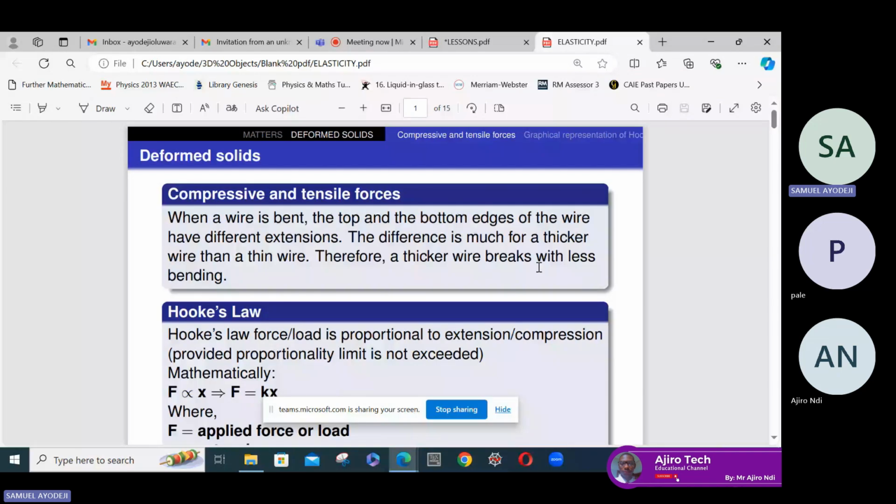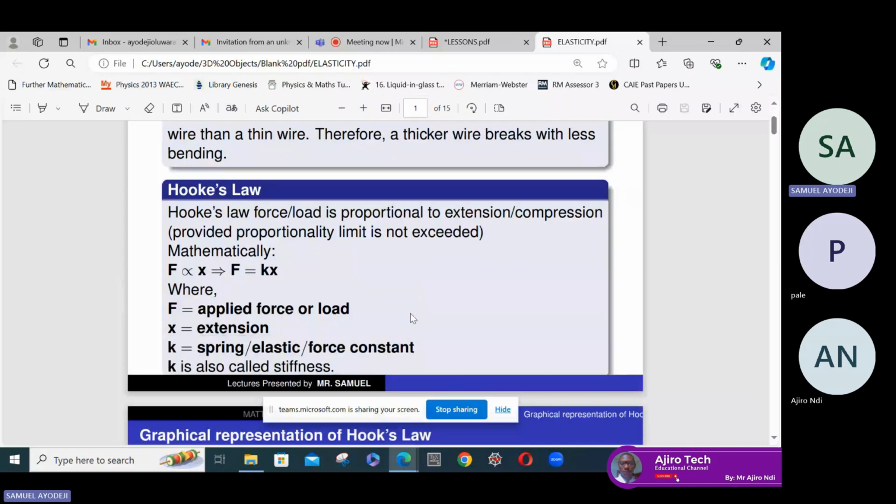Next, Hooke's law says force is proportional to extension and compression, provided the elastic limit is not exceeded. But most examiners may not even stress that point. Their major point is force is proportional to extension.